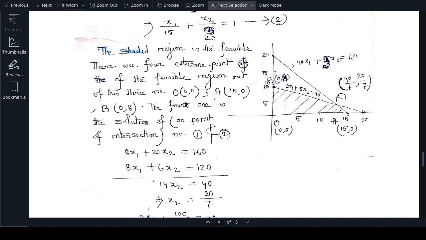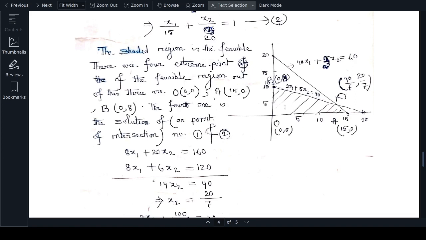Okay, so next your question is how to shade this region. One coordinate is 0,8.